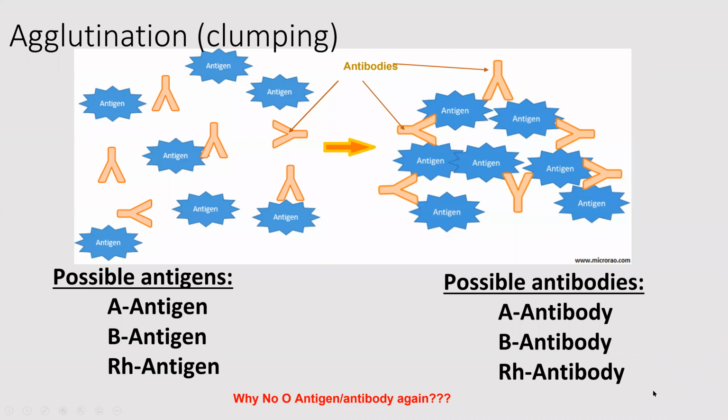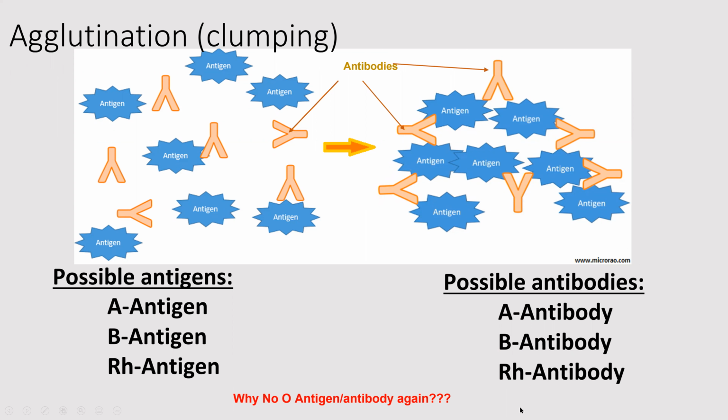So quickly to review, there are possible antigens that we have: the A, the B, and the Rh antigens, which are those surface tags. And think about why, remember, there's no antigen or antibody for O types. Think about absence versus presence.